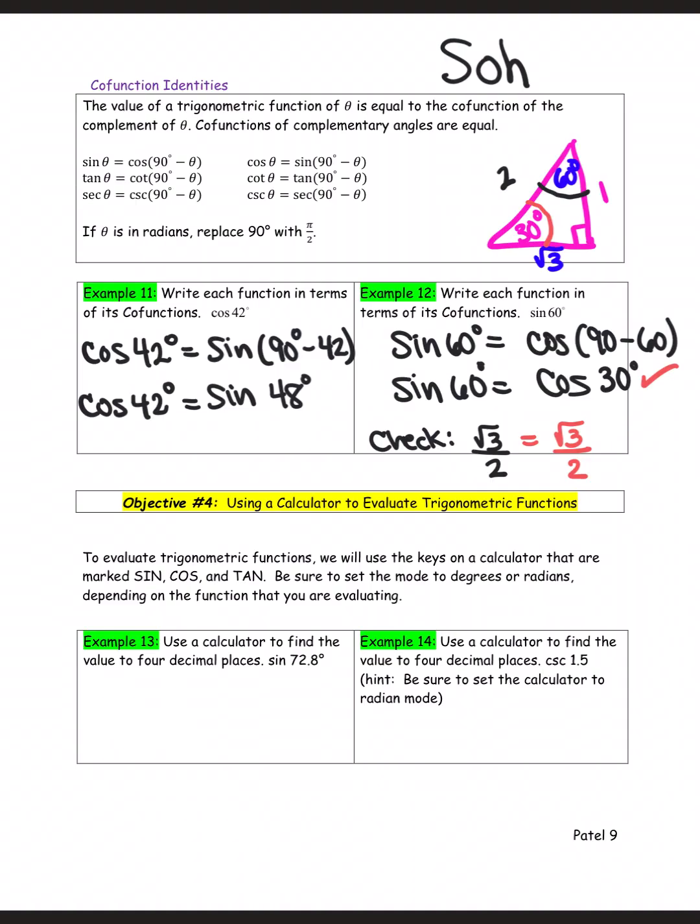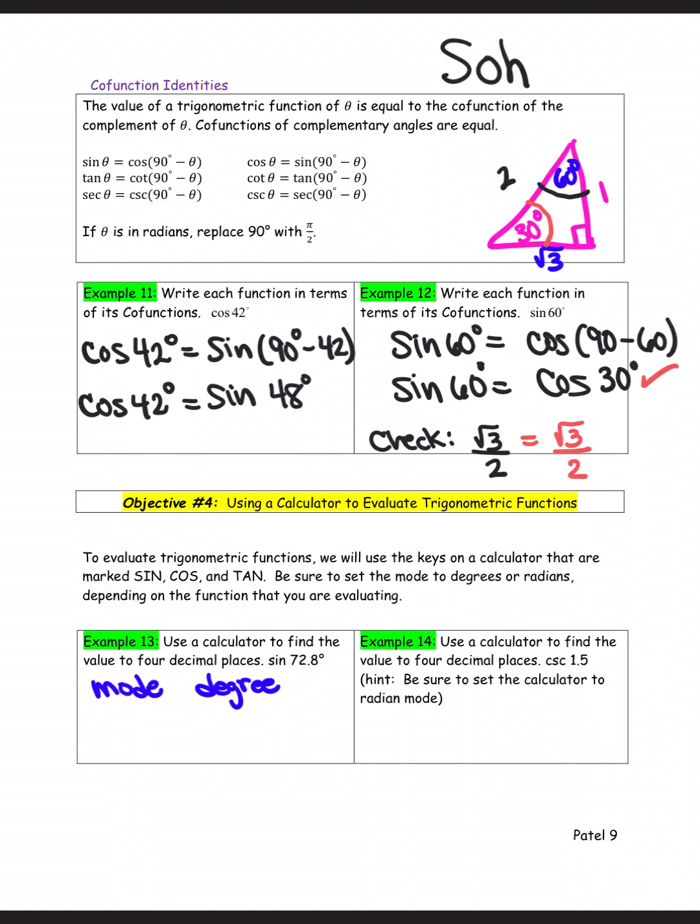So for number 13, we're doing sine of 72.8 degrees. Well, first of all, make sure you're in degree mode. So go to mode, and then make sure that it's on degrees. Then we're going to type in sine, and then just type in 72.8.